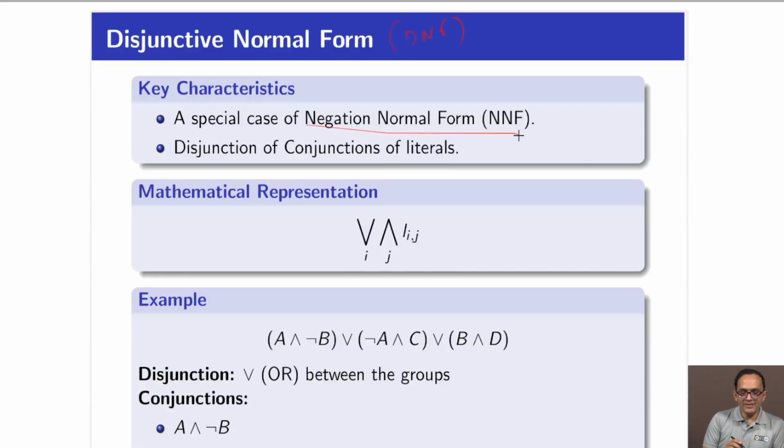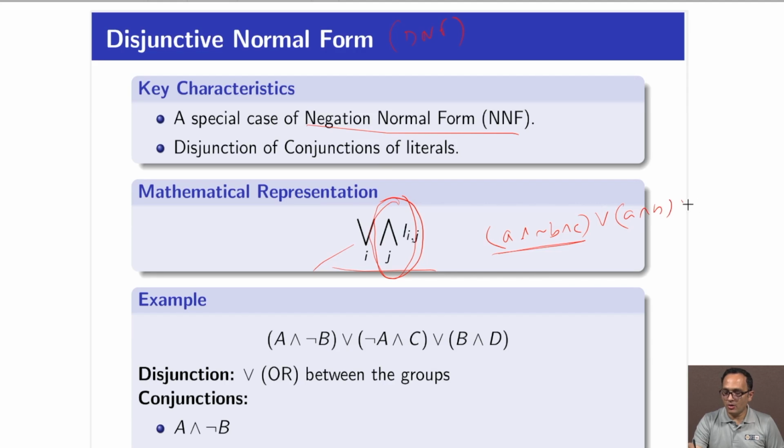It basically says that it is a disjunction of conjunctions of literals. You can think about a conjunction of literals, say A and not B and C. Such conjunctions of literals are connected by disjunction. So, say this is one, then you have or, you can have say A and B, or say C and not D. So, this is in DNF.